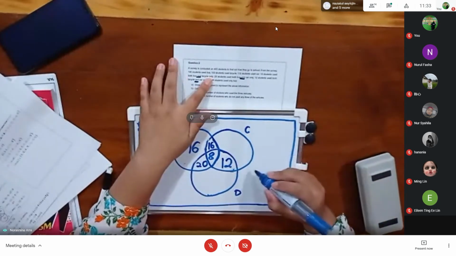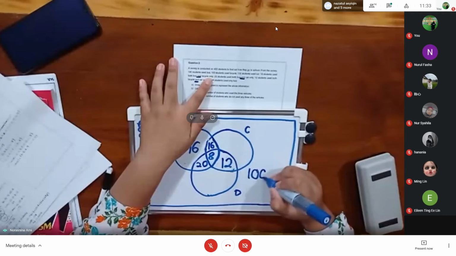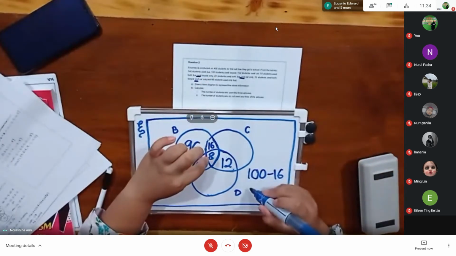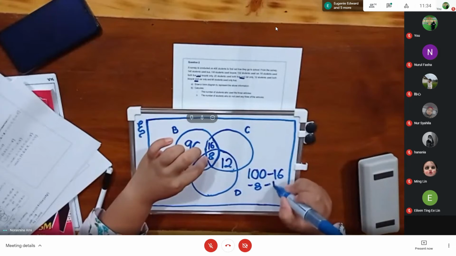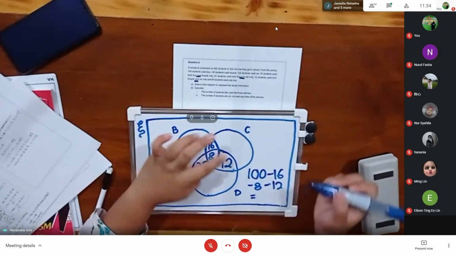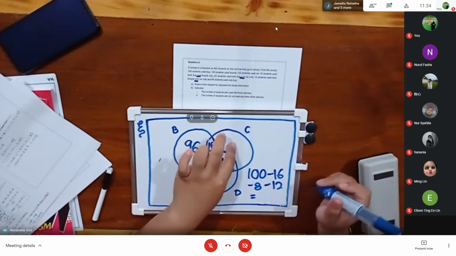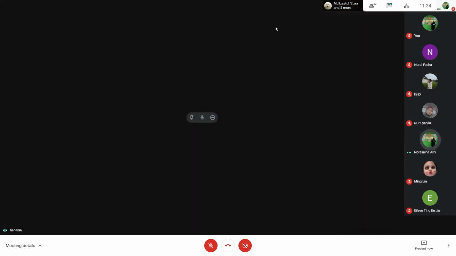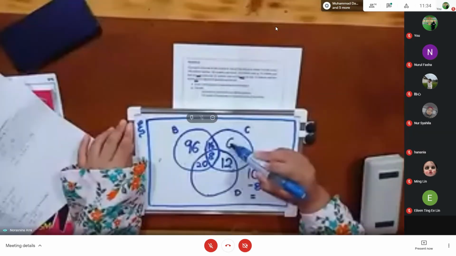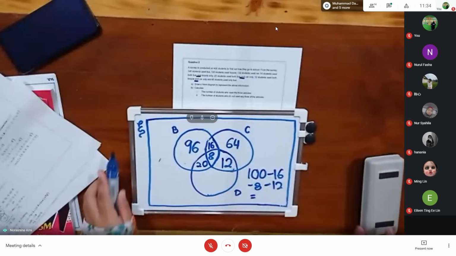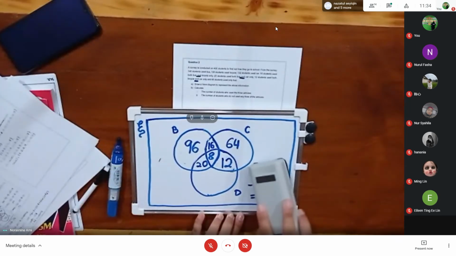There are 100 students who use bicycle. Then we minus 16, minus 8, minus 12. Then we get the answer. So what is the answer? 64. Right, this part is 64. The ones who use bicycle only are 64.